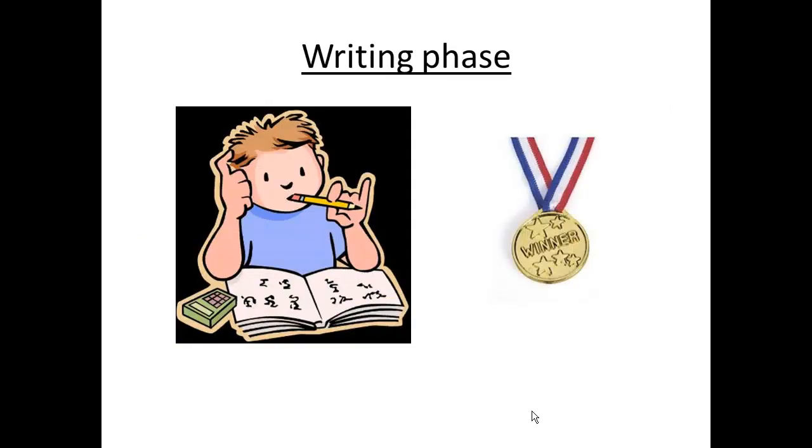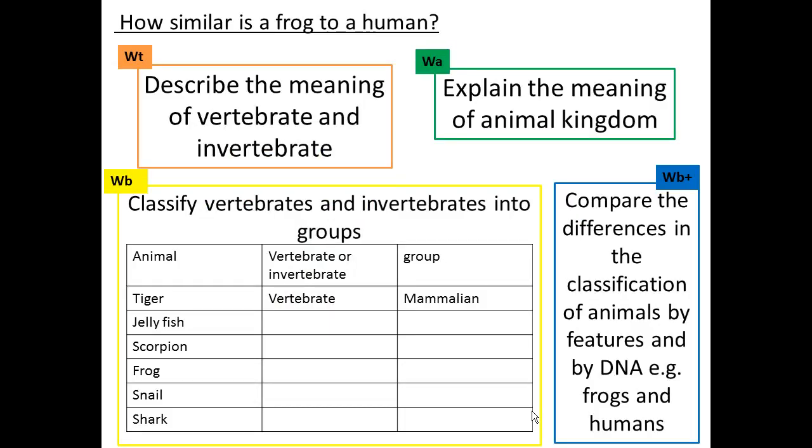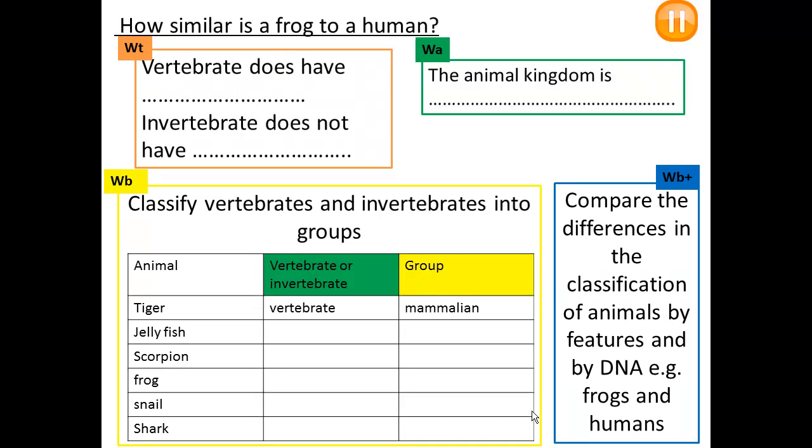So now, as in a normal science lesson, it's your turn, a writing phase. I put 4 different questions, one each for describe, explain, use, and combine level. I also put a starter sentence for the first two and a little help for the table.